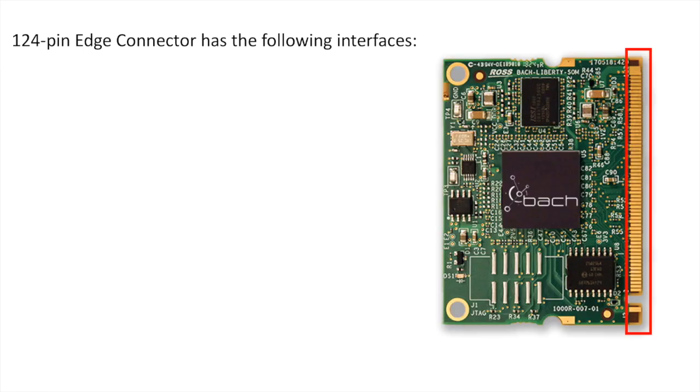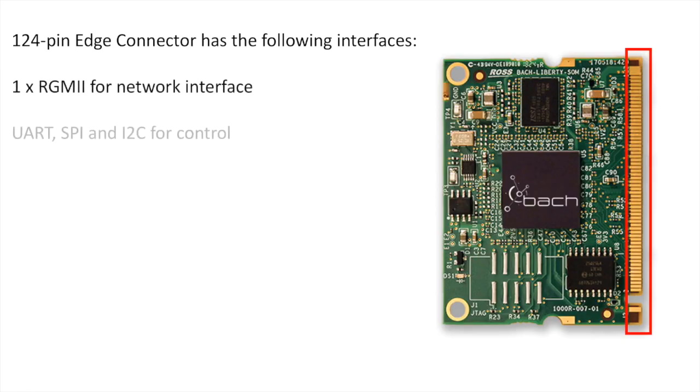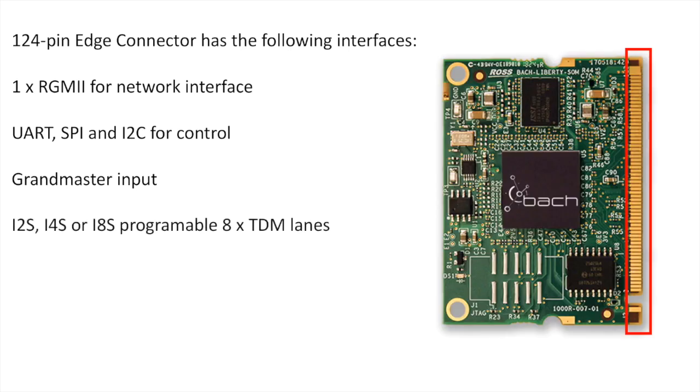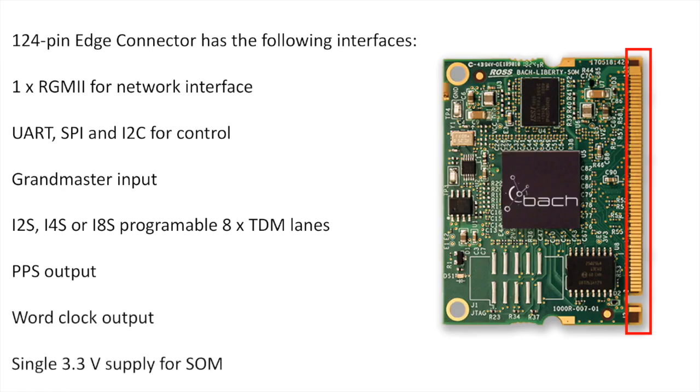The 124-pin mini PCI Edge connector provides interfaces to the following: one RGMII for network interface, UART, SPI, and I2C for control interface, Grandmaster input which requires a 48 kHz clock, I2S, I4S, or I8S programmable 8x TDM lanes, PPS output which provides a pulse per second or 1 Hz signal which is synchronized to PTP, word clock output, single 3.3 volt supply to SOM.